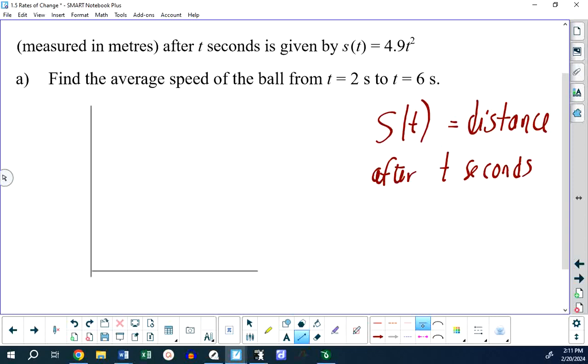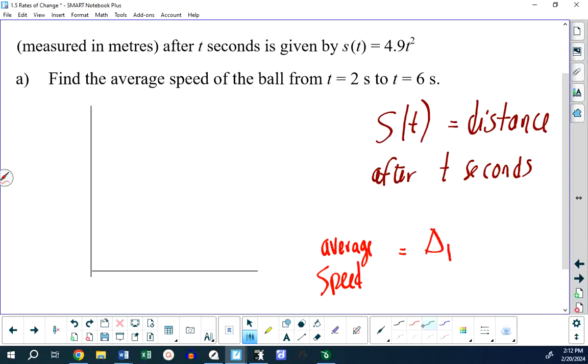So, we are going to maybe introduce the idea here, just to get us going, that in physics we say average speed is the change in the position divided by the change in the time. And I've always hated the change in time. It doesn't sit right with me. Why don't we just say time? But anyway, that's actually a formula on your physics formula sheet.